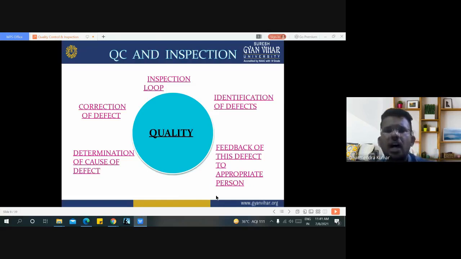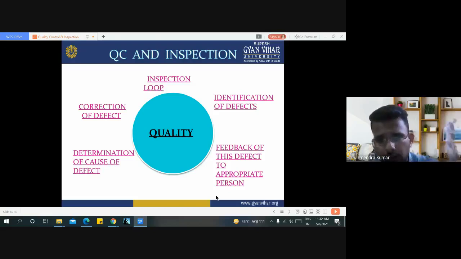We make a chart during the inspection process or the quality control process, and the feedback of this defect: if a person on machine A is machining any component and the defect occurs at that point, and after another stage the QC team or the inspection team finds that the error came from machine A, then the feedback should reach that person, for knowing the errors and the reasons behind them, sent to that particular operator to eliminate or try to find out the method for elimination of those errors.